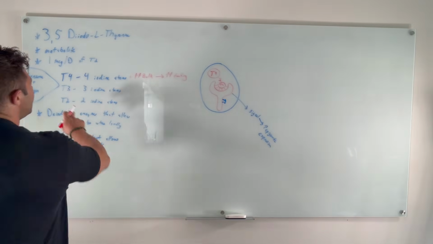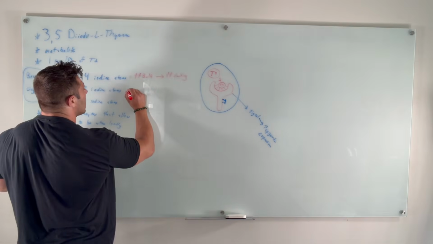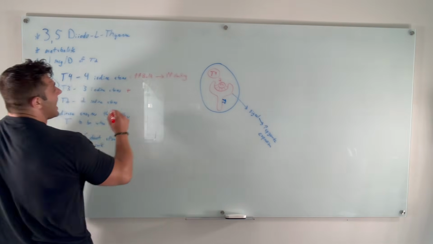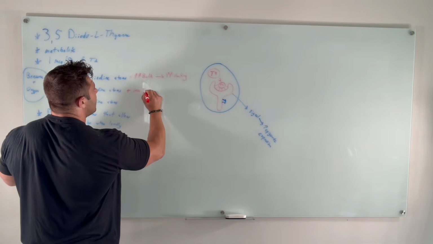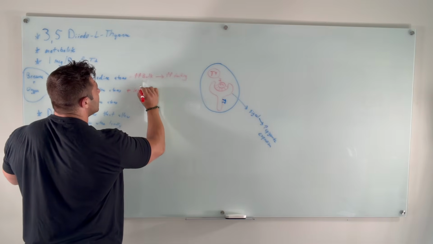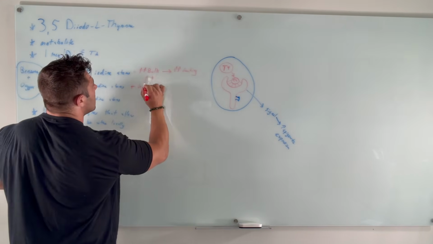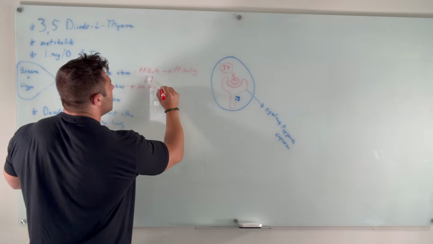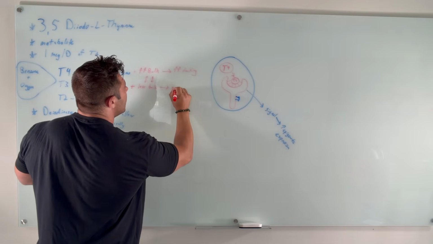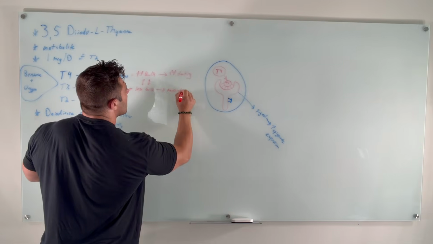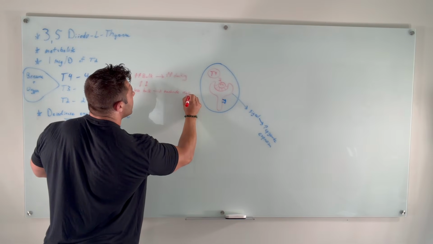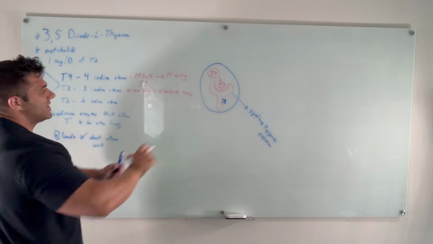So now going back, T3, okay, it has less bulk because there's fewer iodine atoms, so we're going to say less bulk in comparison to our T4, and what's gonna happen? You're still gonna have good docking, but it's going to be more moderate docking, right? And that makes sense given what we just talked about.